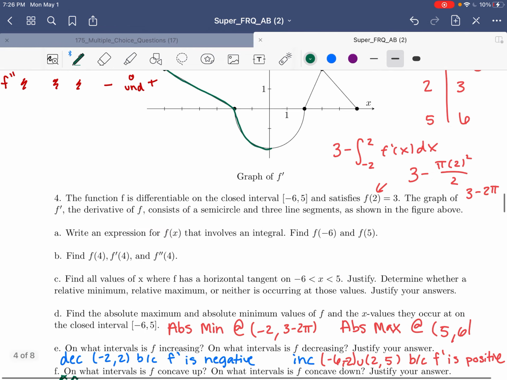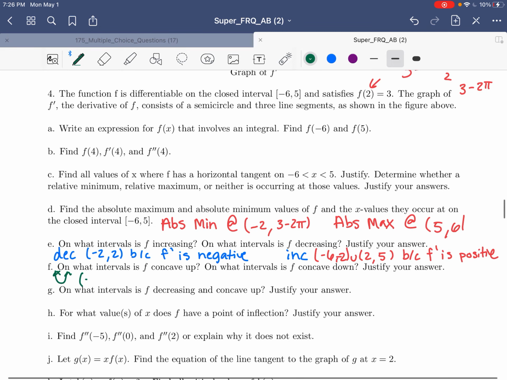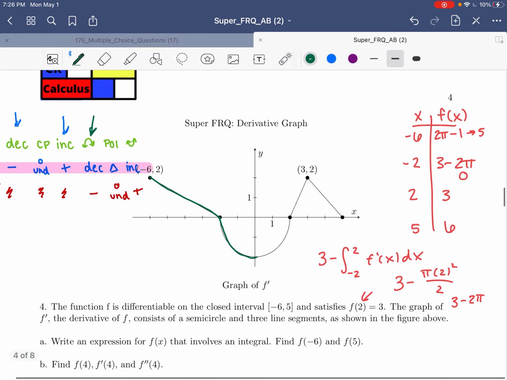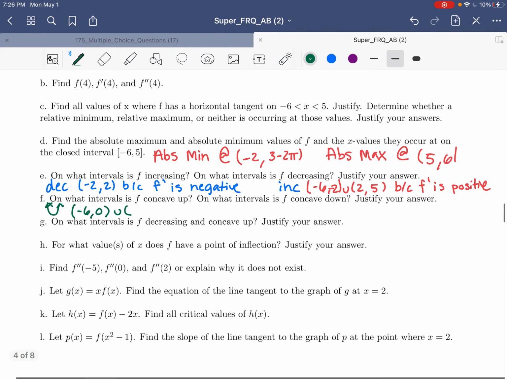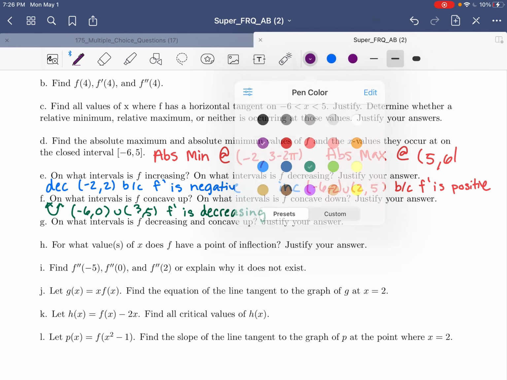So from negative 6 to 0, and from 3 to 5. And then our reasoning would be F prime is decreasing. So your explanation should always come from whatever your graph is based on.